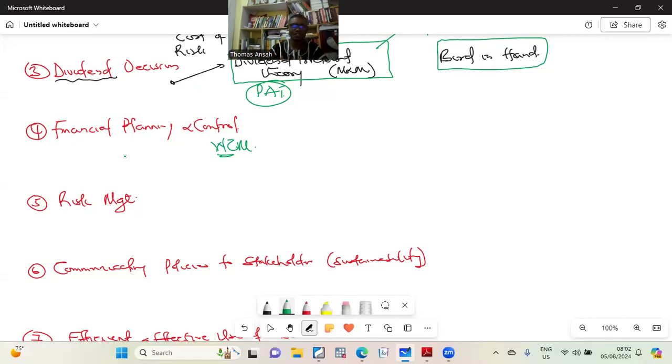They sold on credit. So far as the receivables had not been paid, they didn't have cash. So it means you need to plan your cash flow. Financial planning is planning your financial resources so that at any point in time, there is cash flow. So that is how it works.